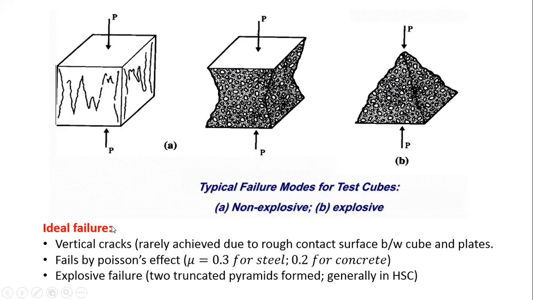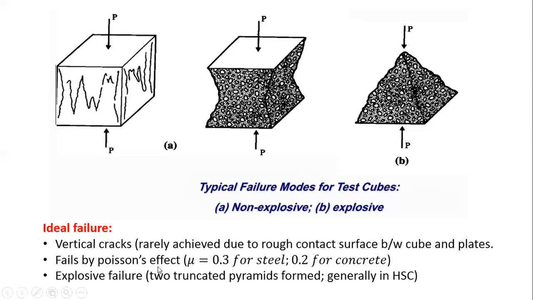So what is the ideal failure here? Vertical cracks, which is rarely achieved due to the rough contact surface between the cube and the plates. We have the plates here and the cube surface. There is a rough surface between top and bottom, so due to this, vertical cracks are rarely achieved. Most of the time, when you apply the load from the top in this direction, it fails by Poisson's effect, that is, laterally the strains are increasing.